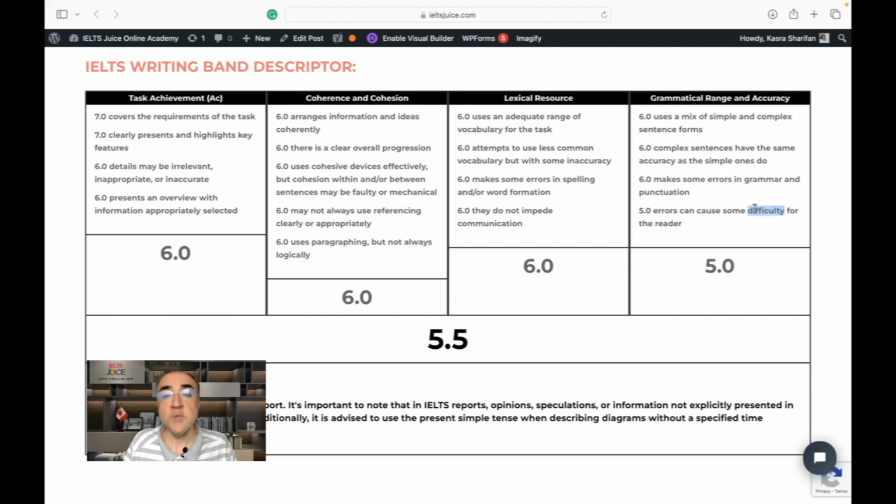There is a lot we learned: when we write a report, we're not allowed to say our opinion. We need to respect punctuation. We need to follow a logical organization. We must use present simple throughout because it's a diagram, unless you have a time frame.